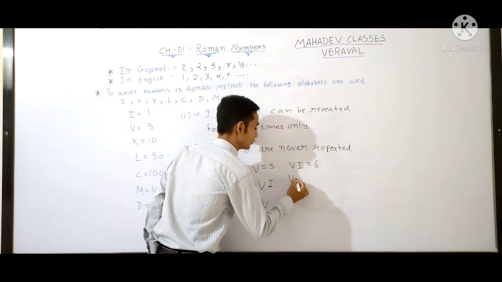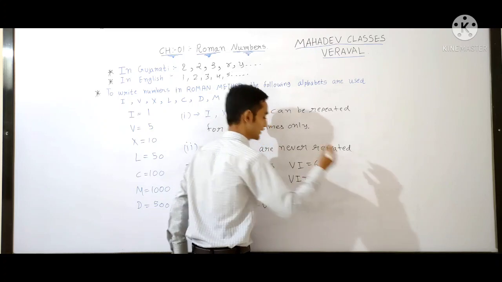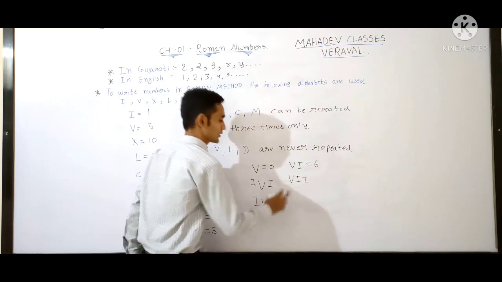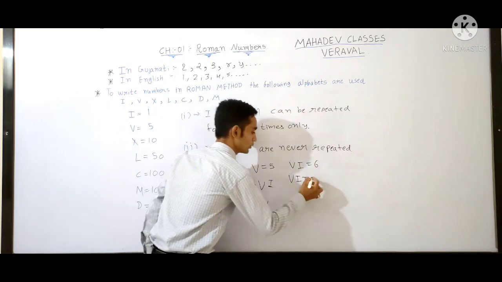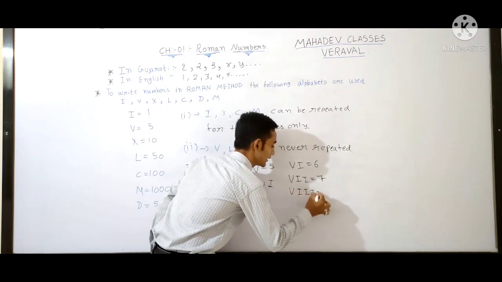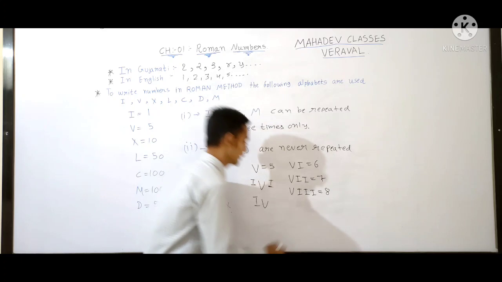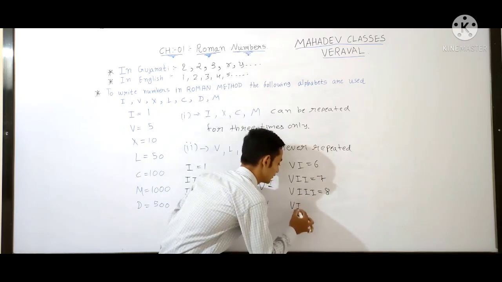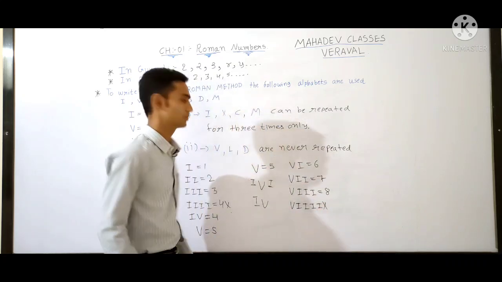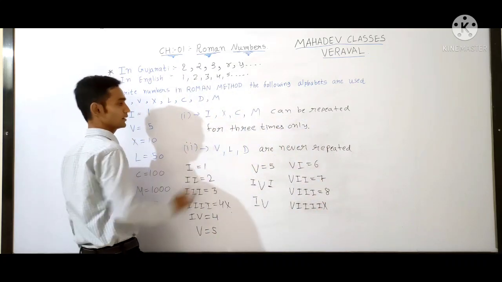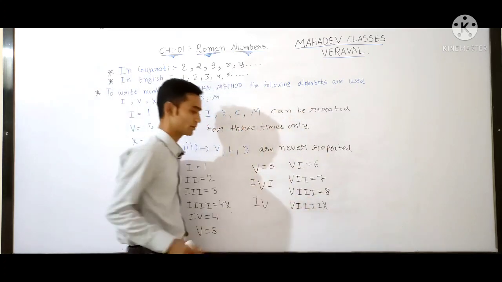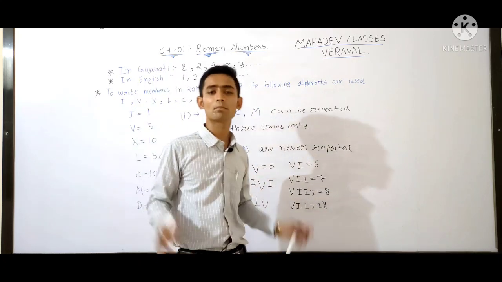Similarly, what happens if you write II on the right side of V? It is also addition: 5 plus 2, you will get 7. Similarly, V and three I's means 8. Now is it possible to write V with I 4 times? No, this is not possible, because in rule number 1 it can be repeated only 3 times. So forget about the Roman number of 9 for now.